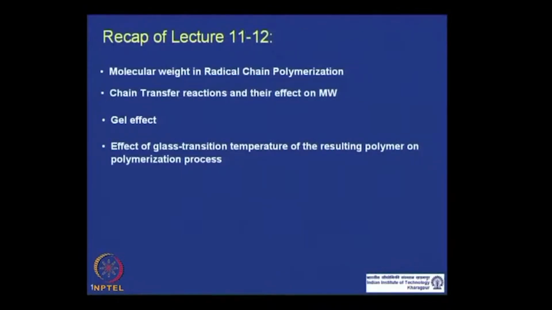In principle, if more chain transfer happens, molecular weight gets reduced compared to if there was no chain transfer reaction. We talked about gel effect, and we also talked about the effect of glass transition temperature of the resulting polymer on the polymerization process.